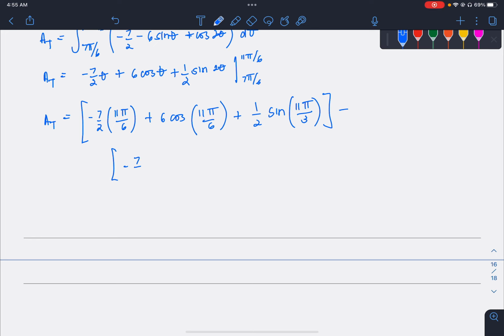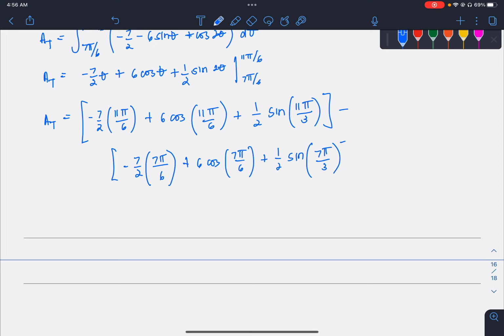And minus, so negative 7 over 2, so we have 7 pi all over 6, plus 6 cosine, so 7 pi all over 6 and plus 1/2 sine. So 2 theta, so that will be 7 pi all over 3. So we'll have then negative 7 times 11 is negative 77 pi all over 12.